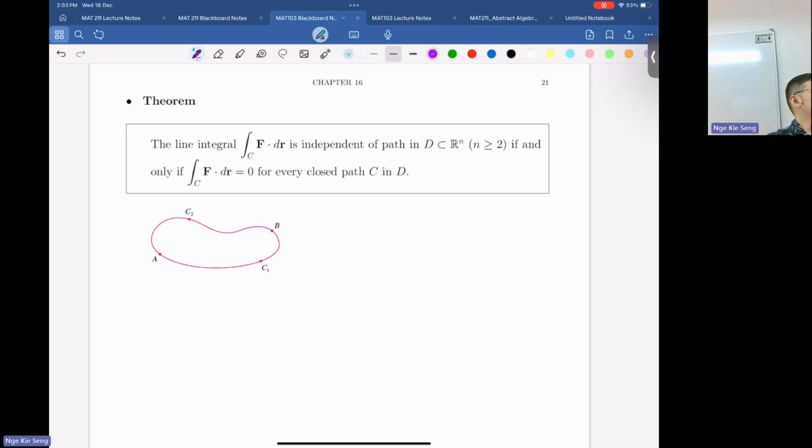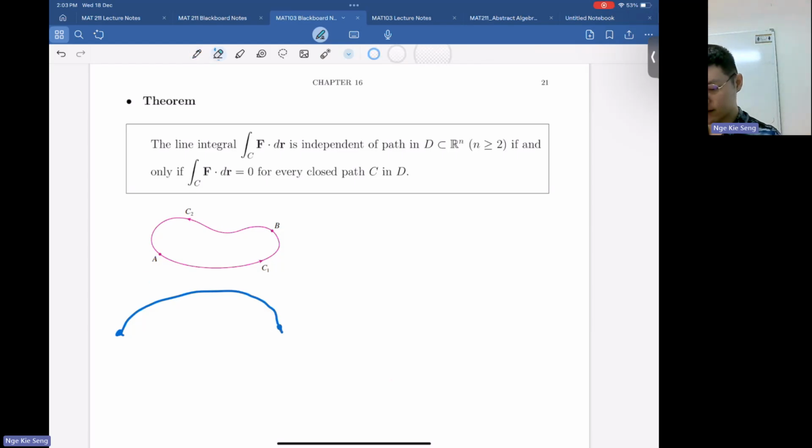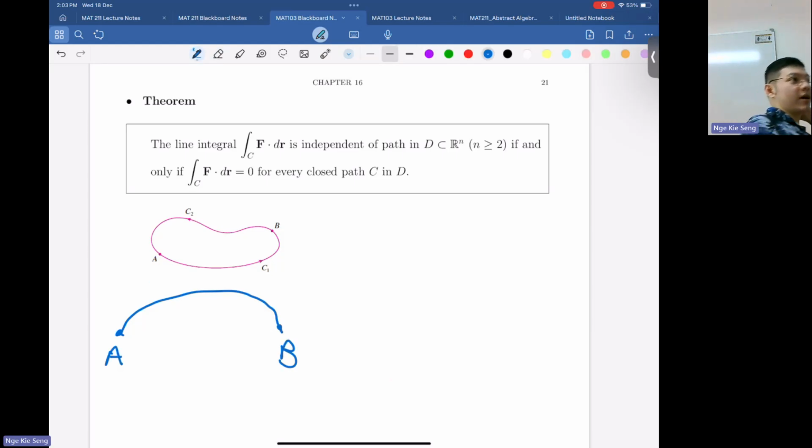A equals B is just a point, right? If I have a path from A to B, can you form a closed path or not at A?